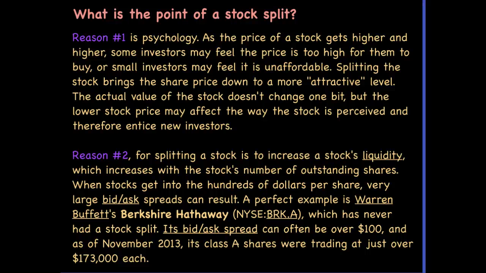This stock has never had a stock split, and its bid-ask spread can often be over $100. And as of November 2013, its Class A shares were trading at just over $173,000 each. So, do you think the average investor can even buy 1 share of Berkshire Hathaway? Most likely not. This is the reason that many companies go ahead and complete stock splits.